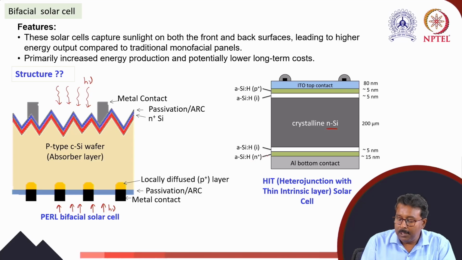And at the bottom there is an N plus layer. So this PIN structure, basically PNN or PIN, has a very lowly doped wafer. In this structure also, if you make the bottom contact just a localized contact instead of a full area contact, it will behave as a bifacial solar cell. So you can make the contact here like this.